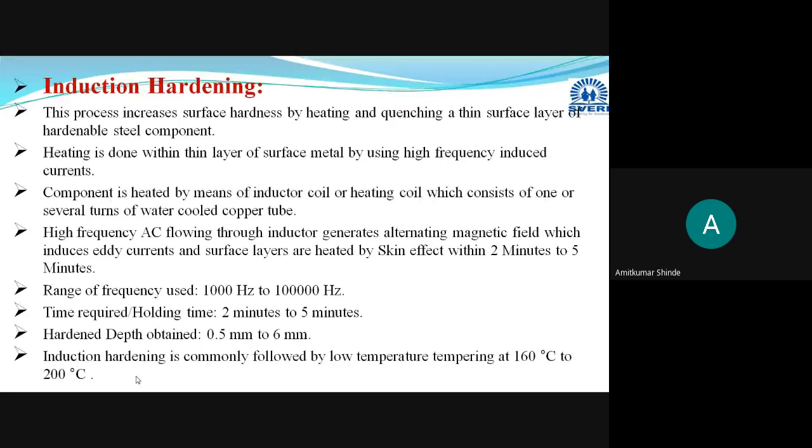Now only one point remains from this chapter: the concept of hardenability, and the Jominy end quench test, which we are going to discuss in the next lecture. Only one lecture is required. After that, this chapter will be finished, and almost 80% of the syllabus is over. Only two chapters remain, and together they will take a maximum of 10 to 12 lectures.